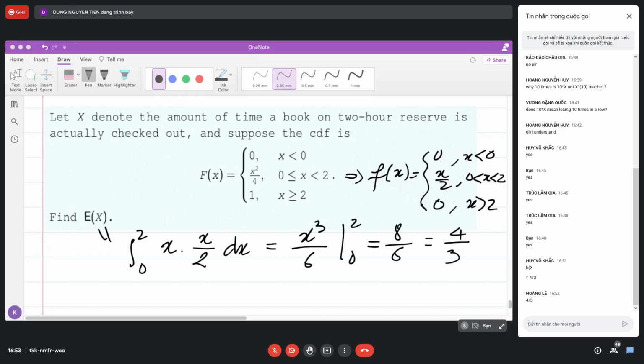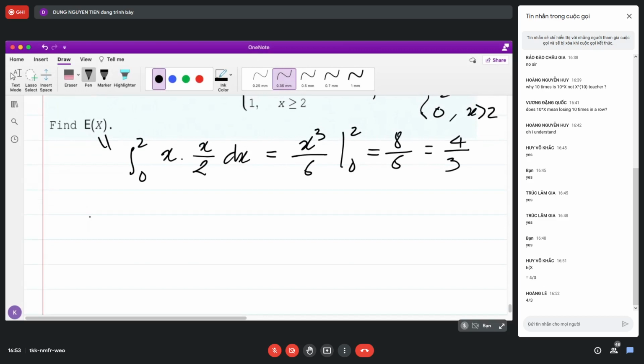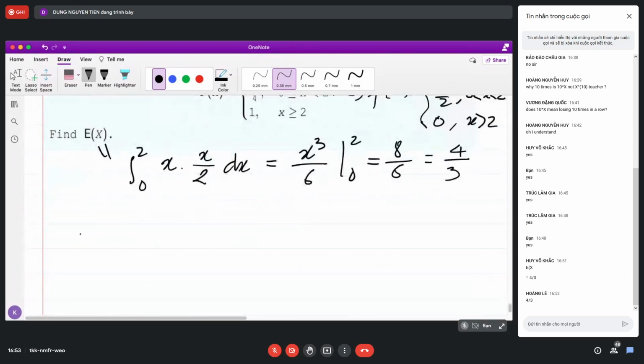All right. Now I want to find the second moment. What we get is the mean of x, and the mean of x is simply the integral of x times the density function, right?